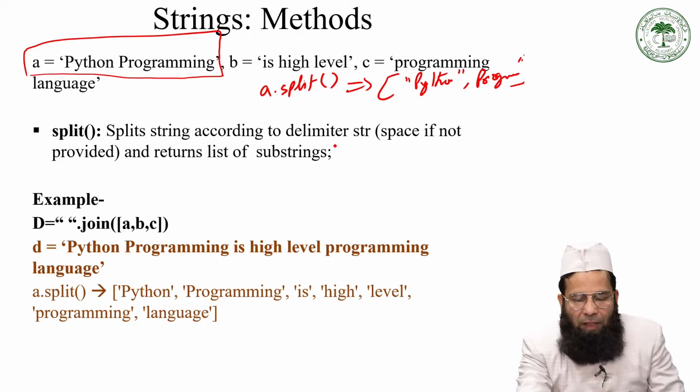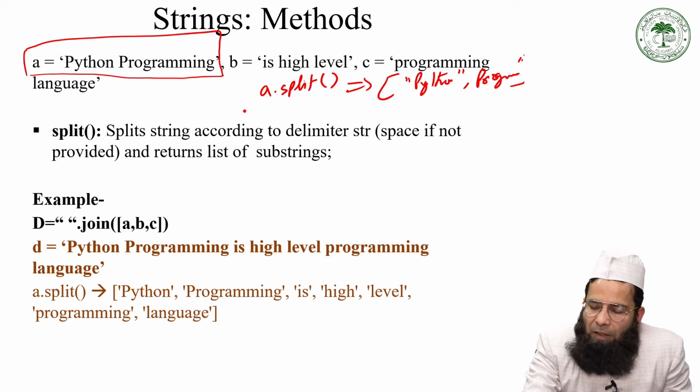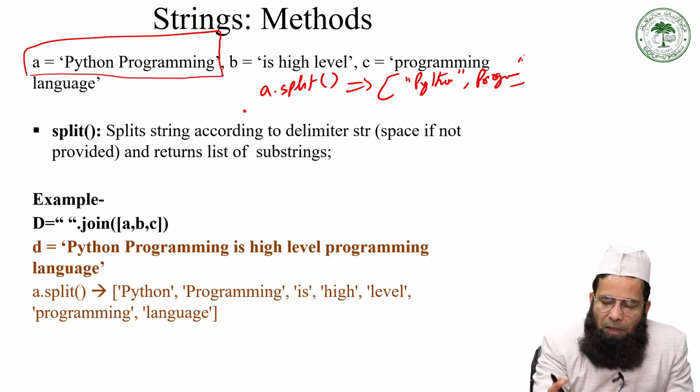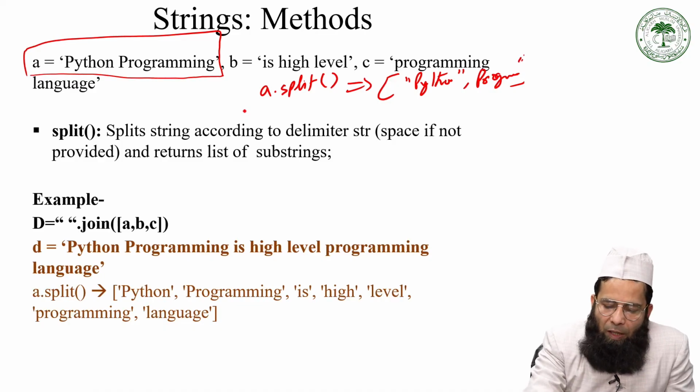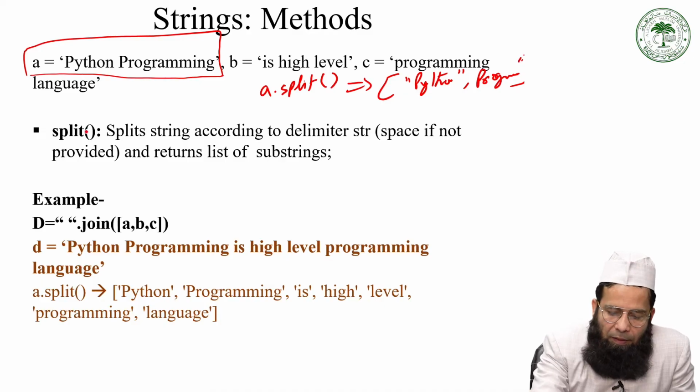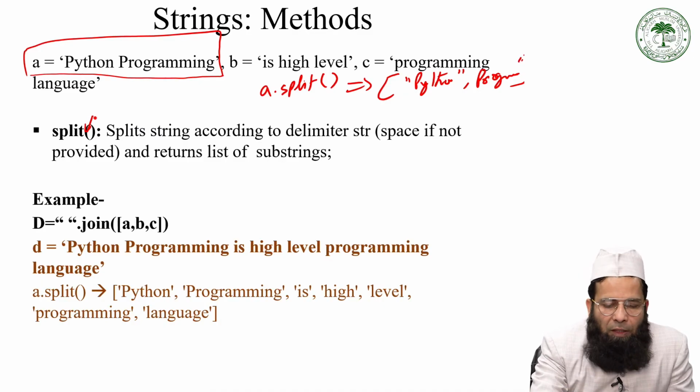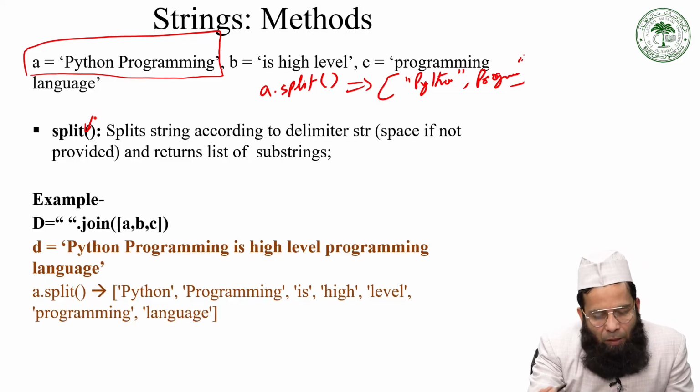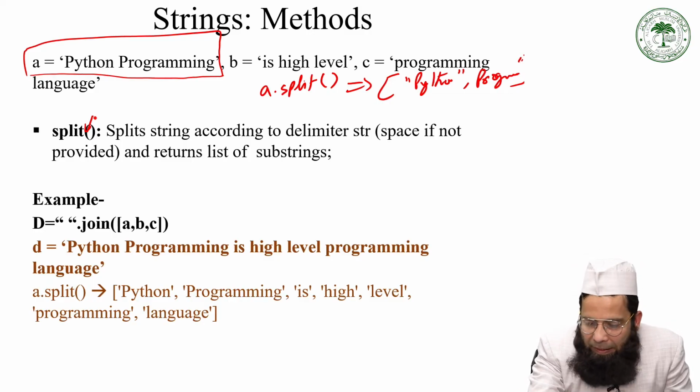This is the way it breaks the string using the space. If I am not giving any argument in split, like in this case, there is no such argument, so by default, it would split using the space. I can also give certain other characters as well.